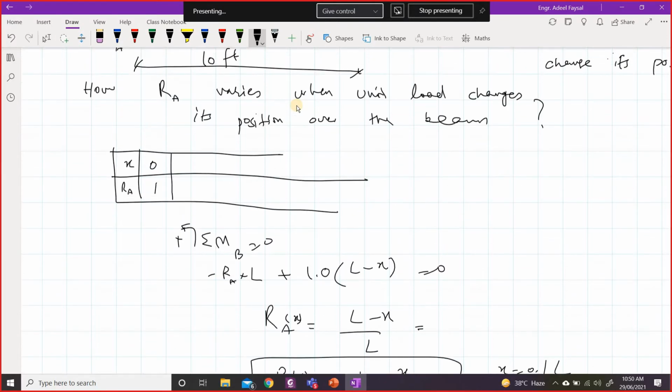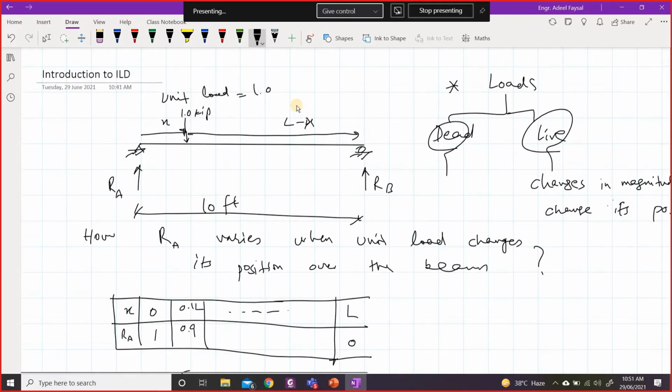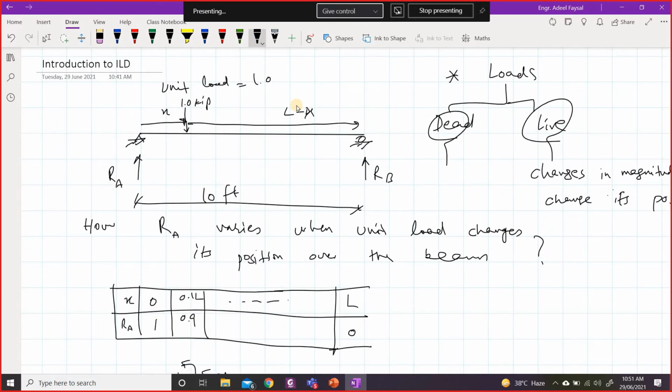So when it is 0.1 L, this becomes 0.9 and so on. You can keep plotting and you will see when you put X equal to L, you get that the answer is 0 for RA. That means you are applying the load directly at B, and all of the load is transferred directly to the support at B and no reaction is developed over here.